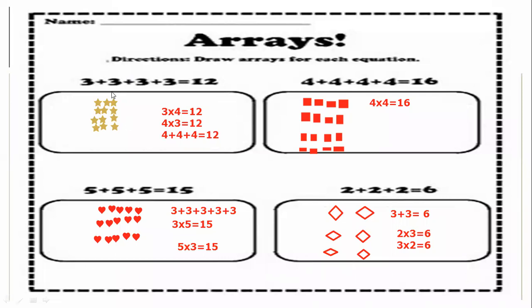We have drawn the array and we have written the equations that were left also. You can draw first and then write the equations. But the question is draw an array for each equation. Okay, if you have finished drawing the array, it's okay. But if you like, you can write the equations as well.